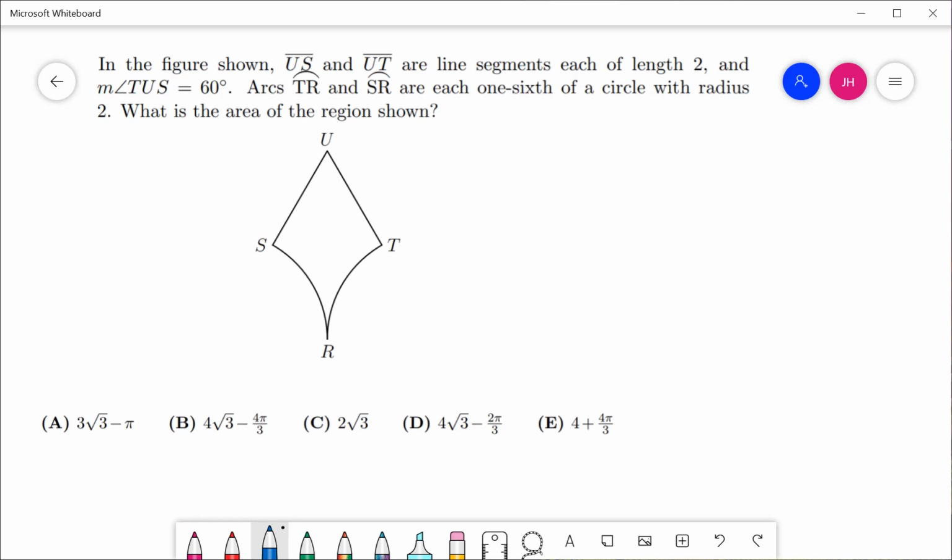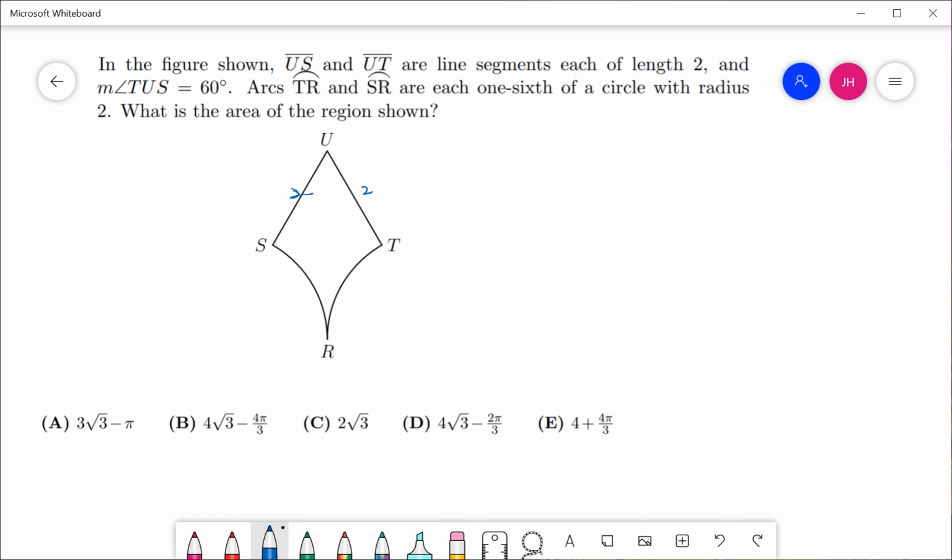Let's look at this last problem in this AMC8 test. In the figure shown, we have the line segments US and UT, each of length 2. Okay, so this is of length 2 and this is of length 2.